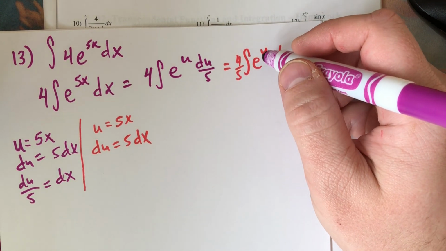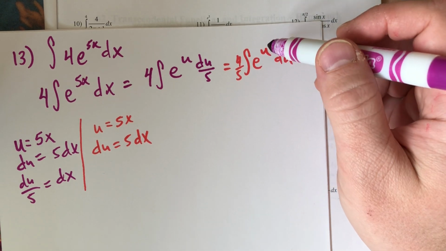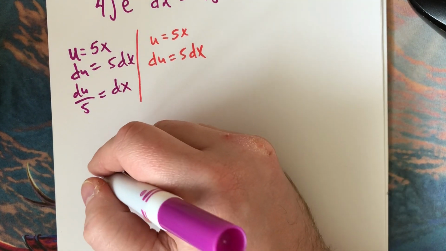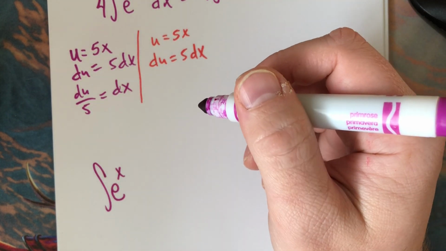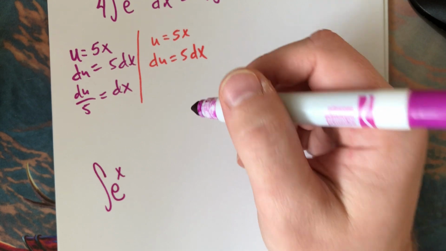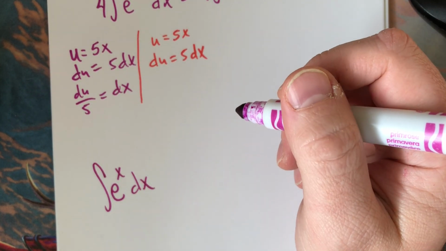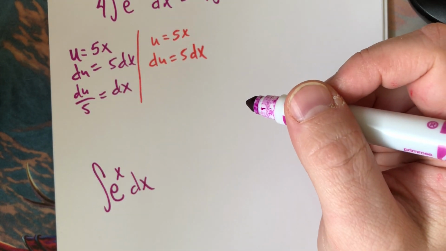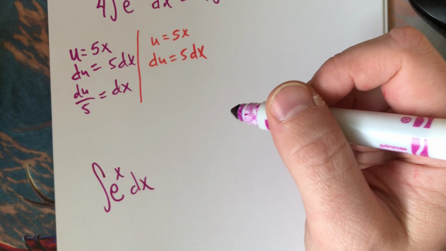Okay. We got to talk about what the antiderivative of e to the u is, or what e to the x is. Just in case, it always looks a little bit dirty. There's lots of jokes about this on the internet.